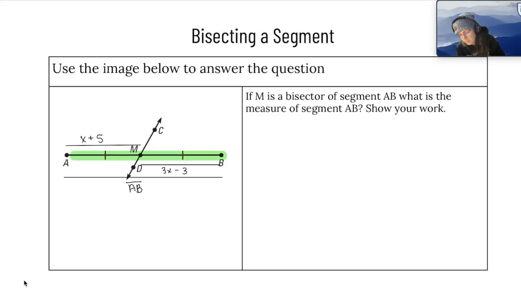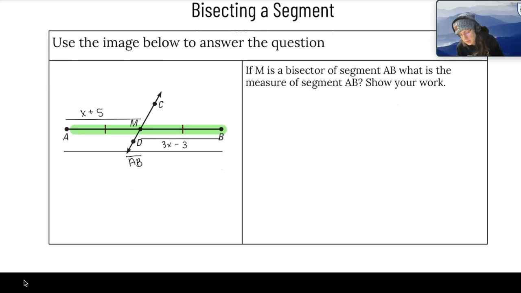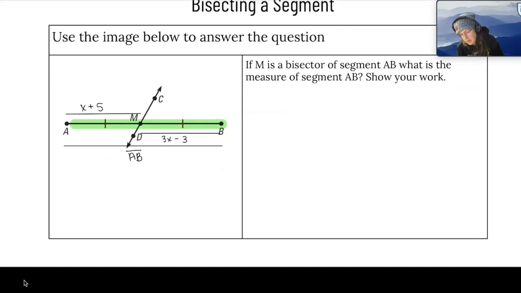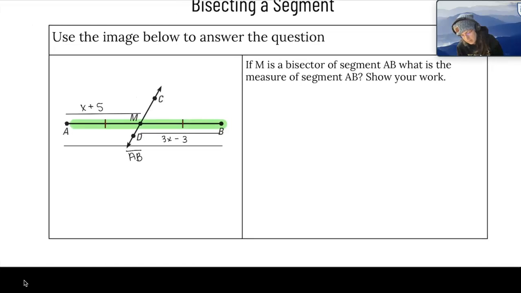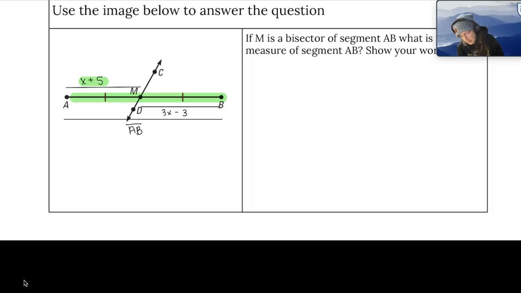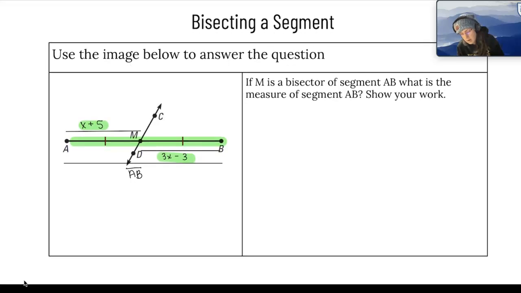We're going to do pretty much the same thing that we did last time. We take our two measures, x plus 5 and 3x minus 3, which are the measures of our line segments, and we set them equal to each other.